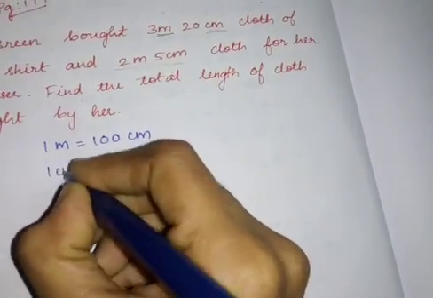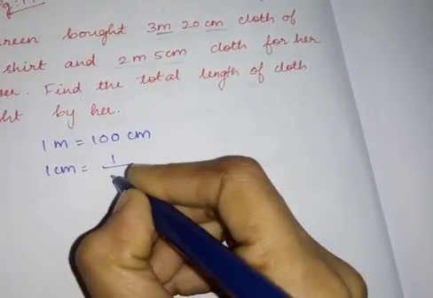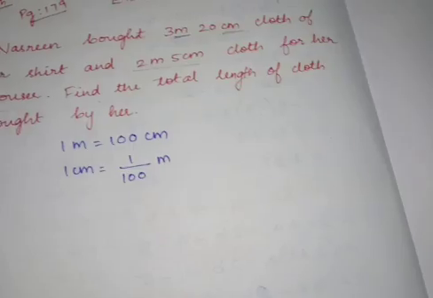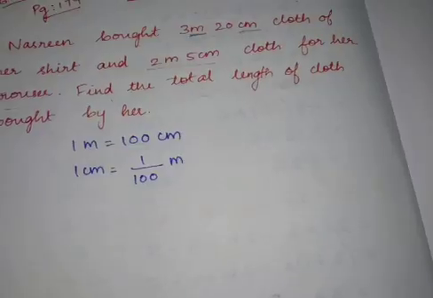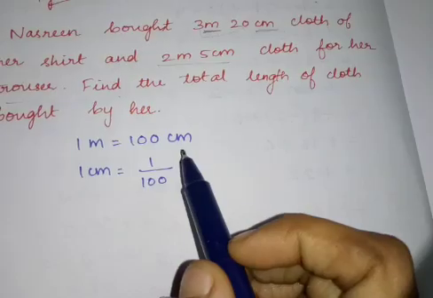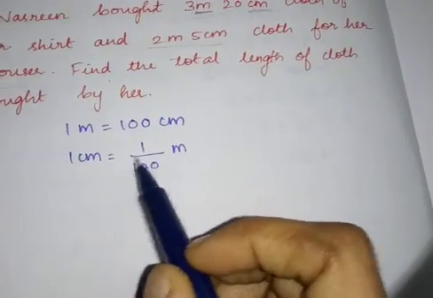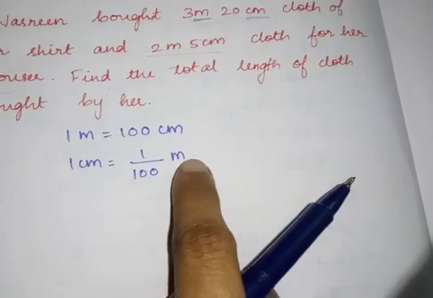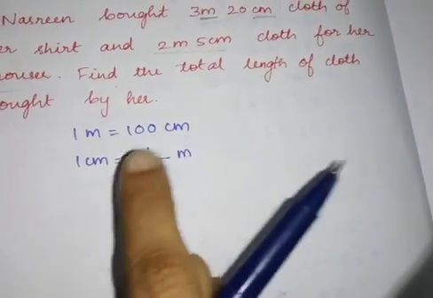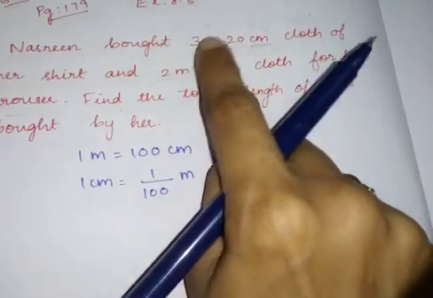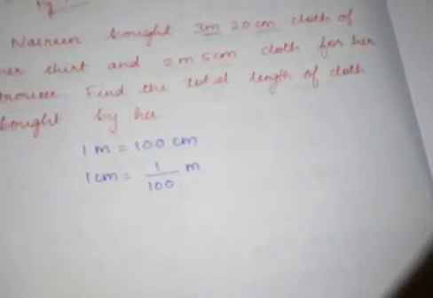So 1 centimeter is equal to 1 by 100 meter. Here centimeter is the smallest unit, meter is the highest unit, so we can convert this centimeter to meter. Only then will these different units become a decimal number.